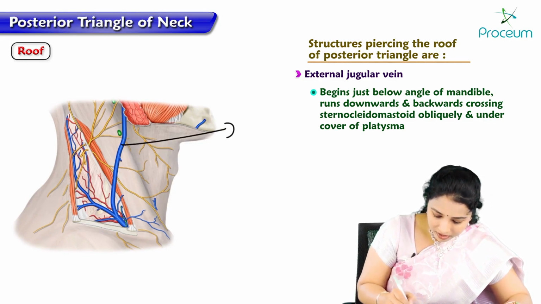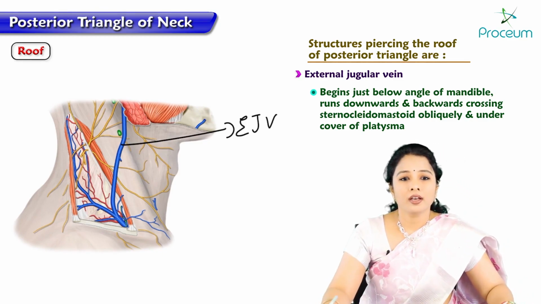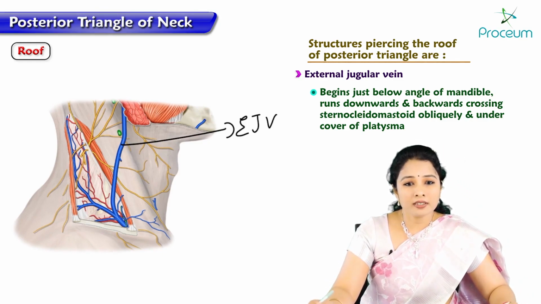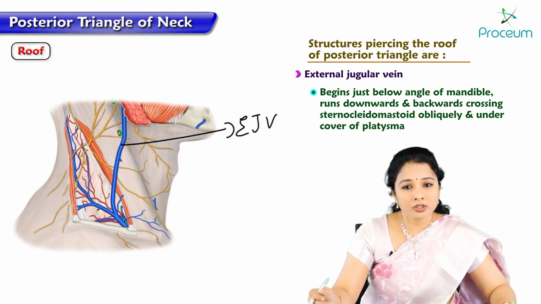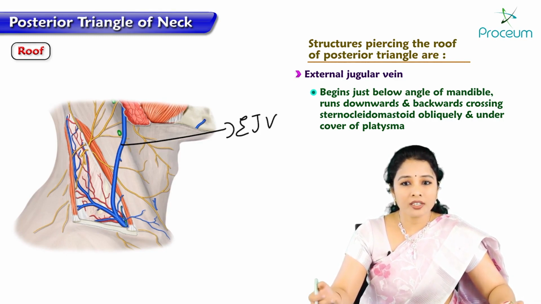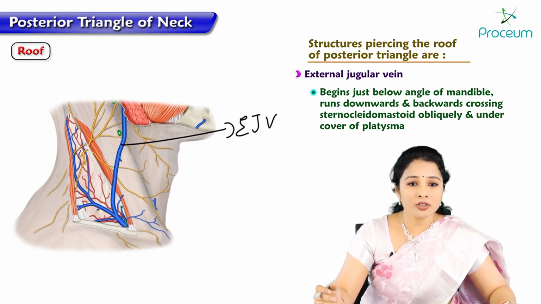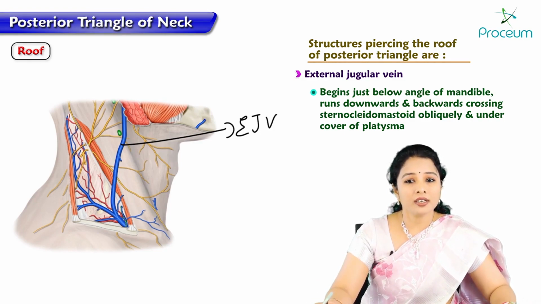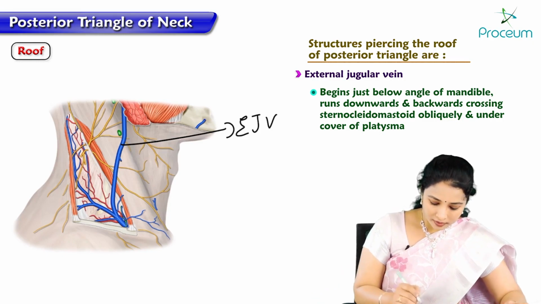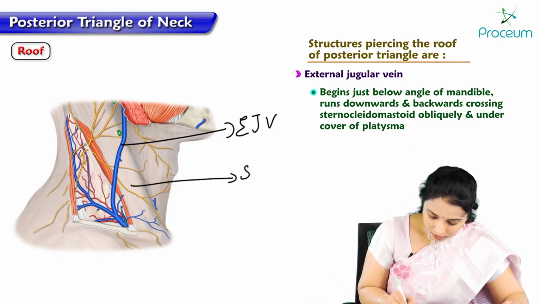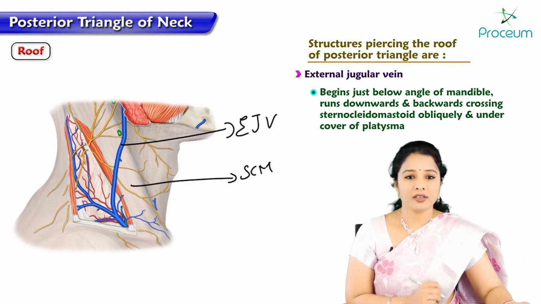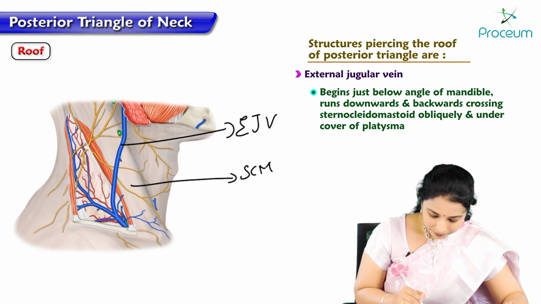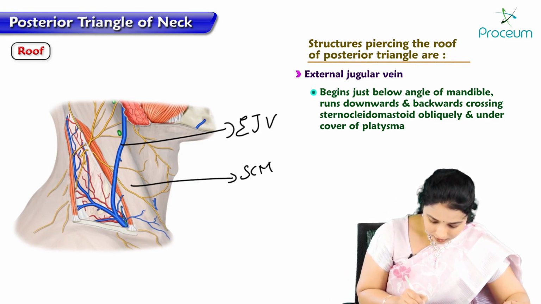We can see in the other image, external jugular vein is here and it begins just below the angle of mandible and it runs downwards and a little posteriorly, that is backwards, crossing the sternocleidomastoid obliquely under the cover of platysma. Finally it drains down into subclavian vein.